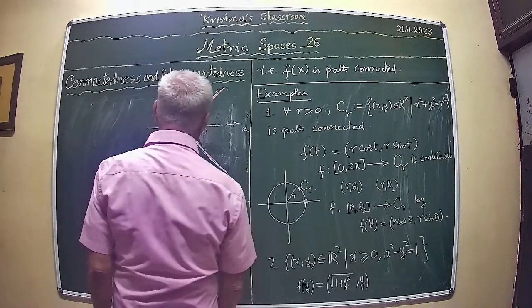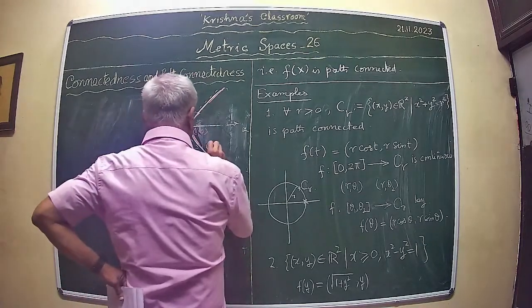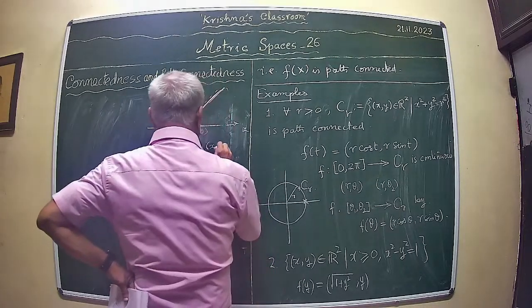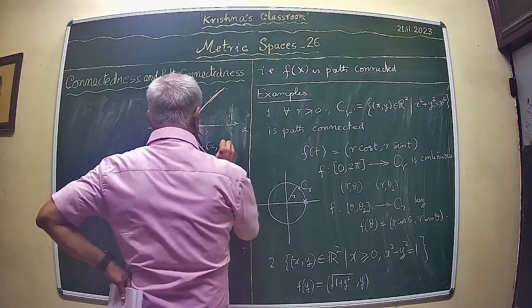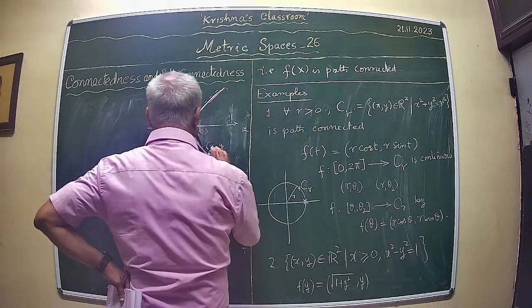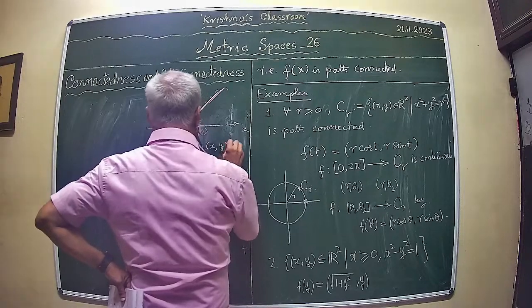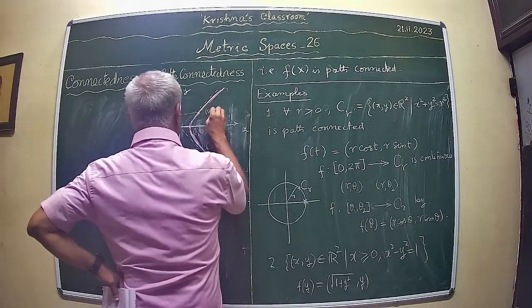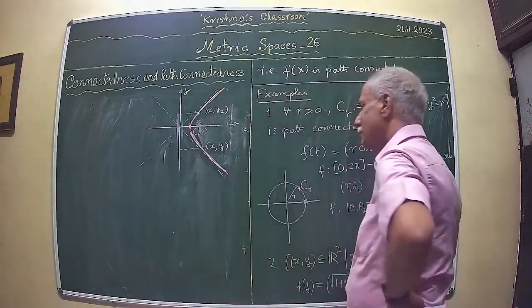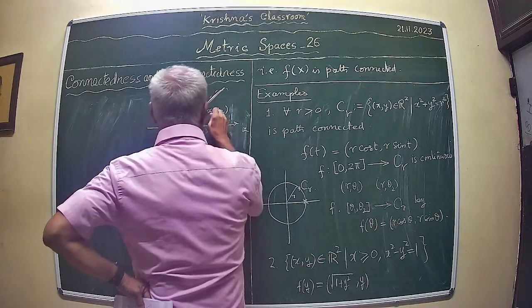So suppose this point is x1, y1, and the corresponding x can be fixed. So you call these (x1, y1) and (x2, y2).